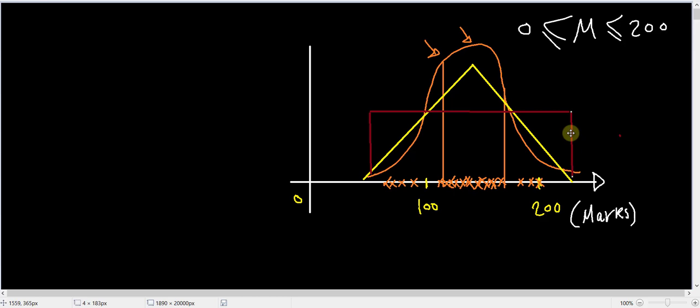For example, in the case of student marks, it might be better to use a Gaussian distribution or even maybe this triangular distribution, but using a uniform distribution is unlikely to be the correct representation, as for example the number of students that will get 0 marks is not equal to the number of students that will get, let's say, 150 marks. So using a uniform might not be the best option.